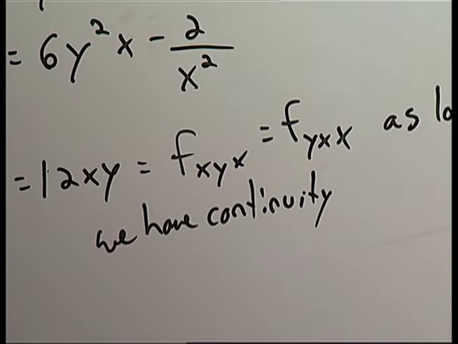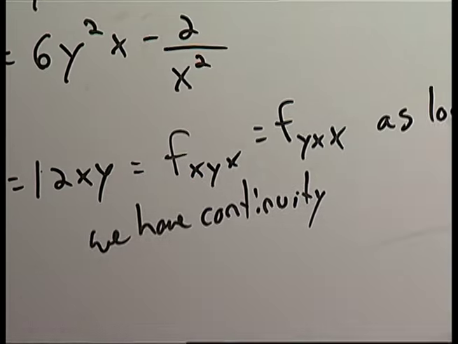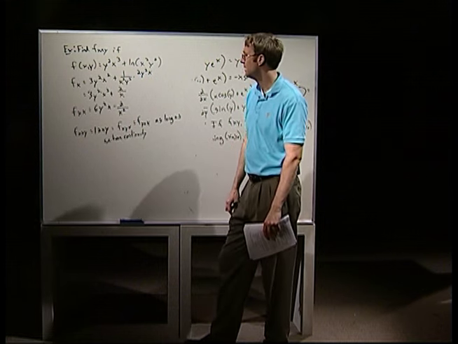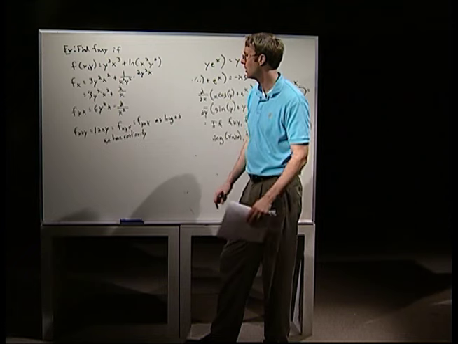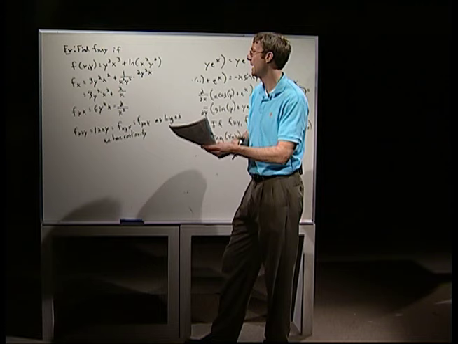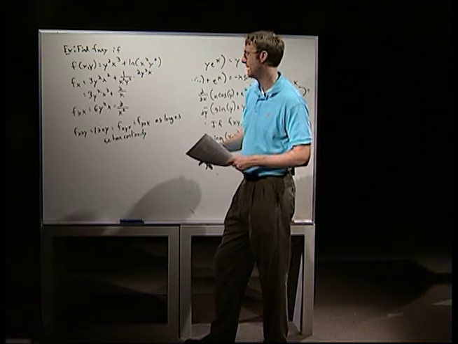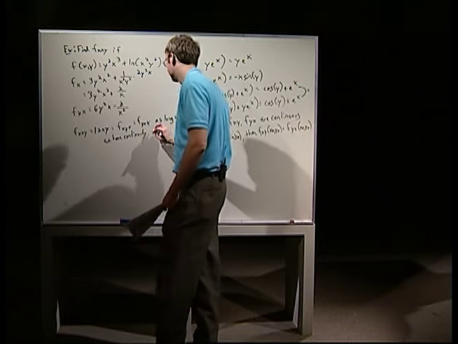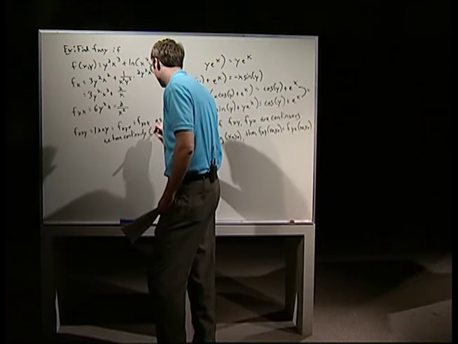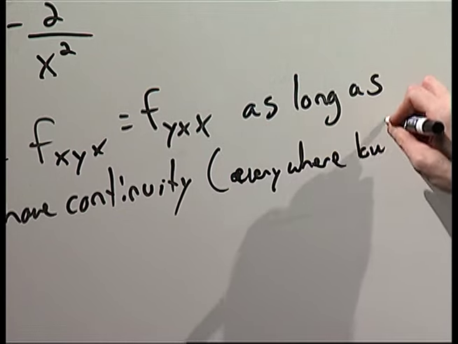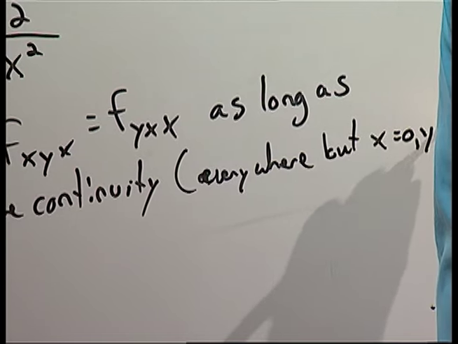And this guy has continuity on its domain, which is everywhere except along the x and y axes, where this would be 0. Can't have that inside a natural log. So I have continuity everywhere but x equals 0 and y equals 0.